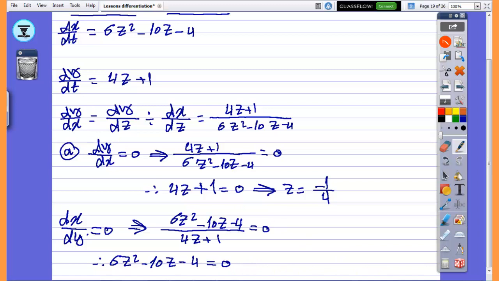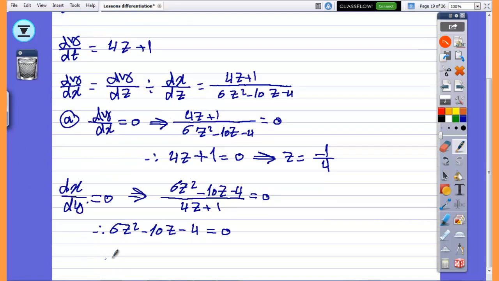And we will factorize by taking 2 as a common factor. So we have 2 multiplied by 3z squared minus 5z minus 2 equals 0.